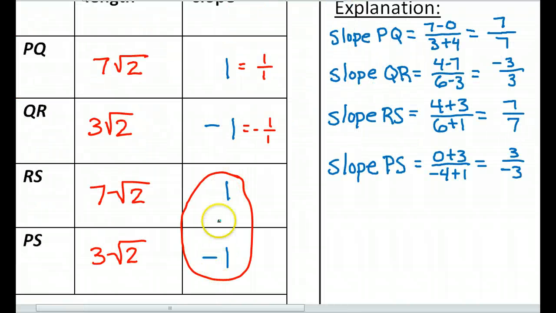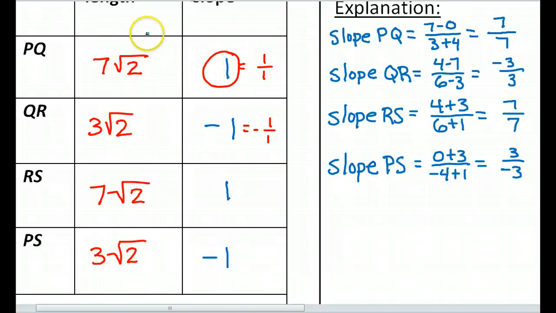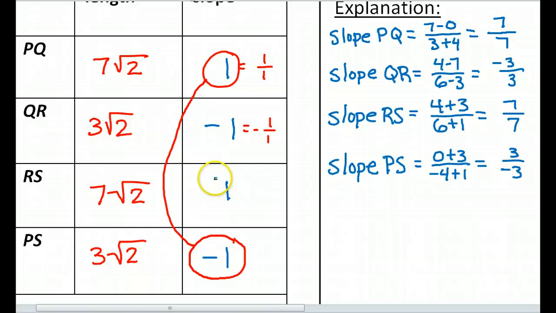The next pair, 1, -1, opposite sign, reciprocal. Even if I pick the first one and the last one, even though they're on opposite ends, it sort of wraps around, so these two would also be consecutive. Even these two, 1, -1, opposite sign, reciprocal. So anyway, this is definitely a rectangle.